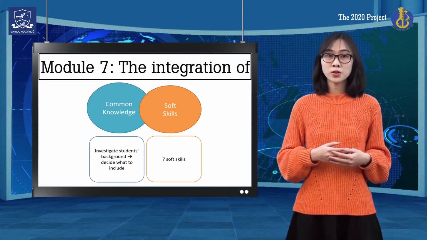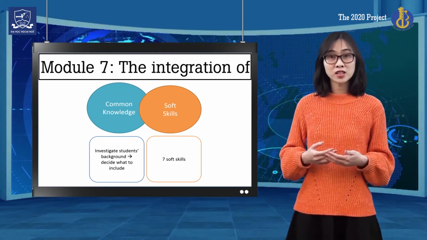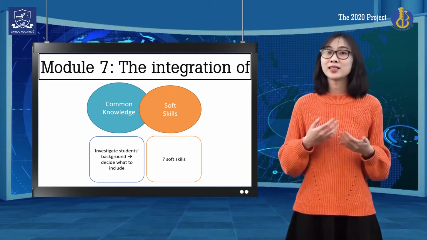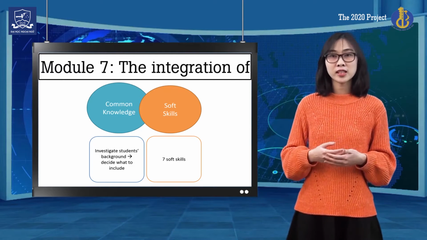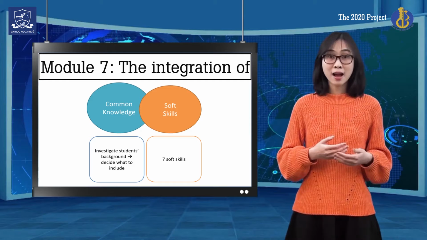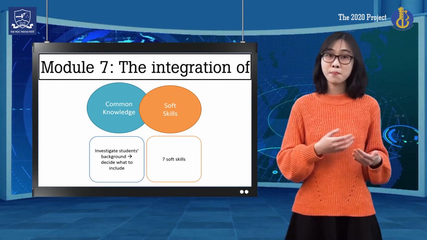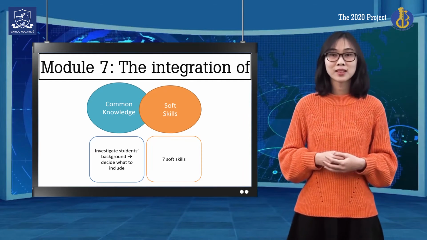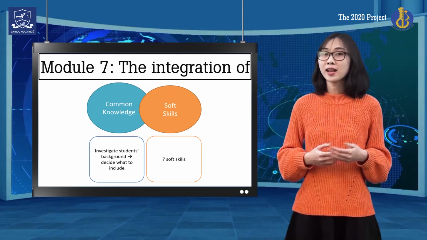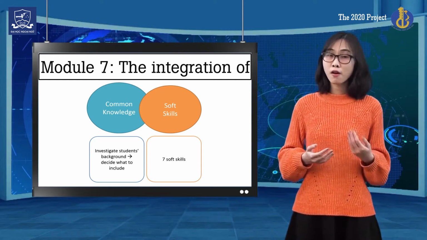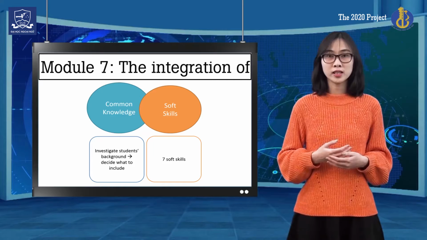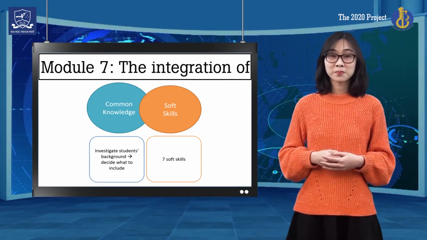In order to do so, the investigation of students' background is necessary. After this very first step, teachers can start seeking and adapting other knowledge and embed it into their lessons. This might include art, music, culture, literature, folk tales, and stories from other cultures.